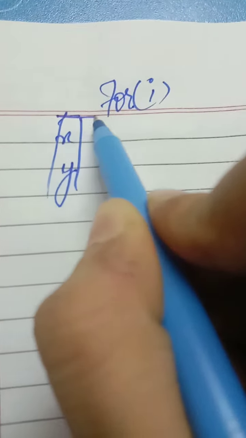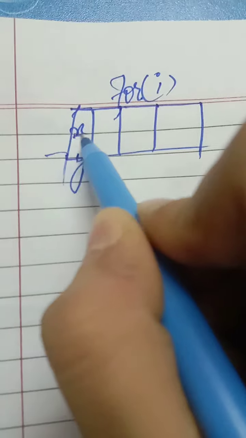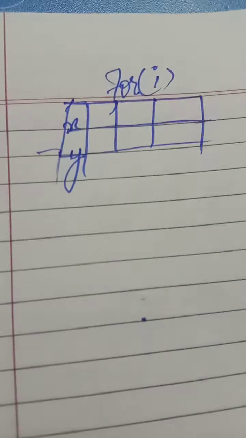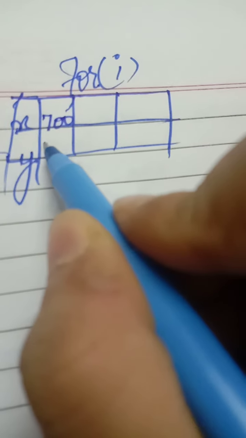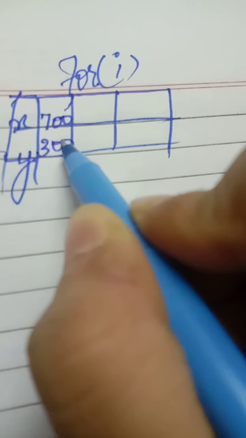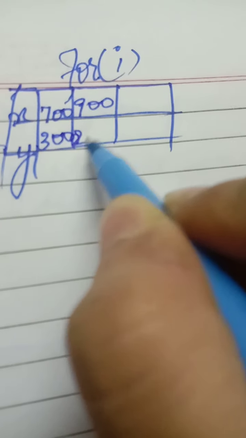and we'll be getting x as 100, so we'll be getting 700, 300, 900, 200.